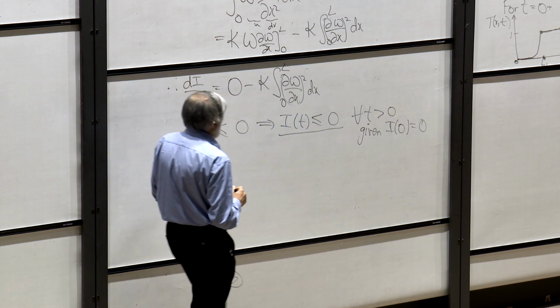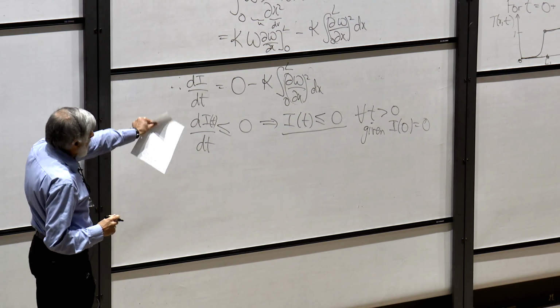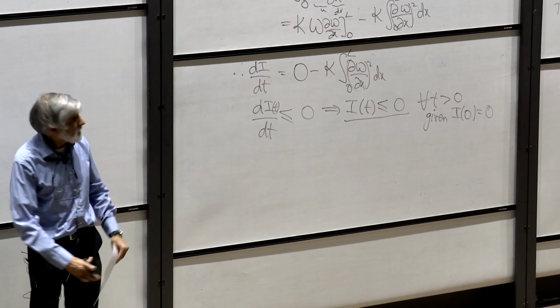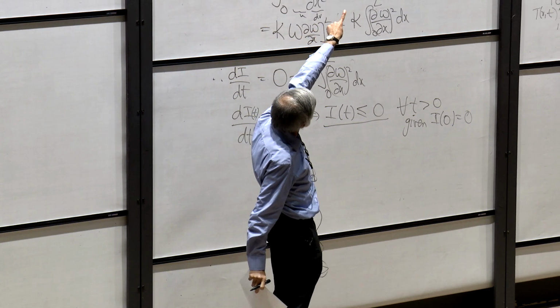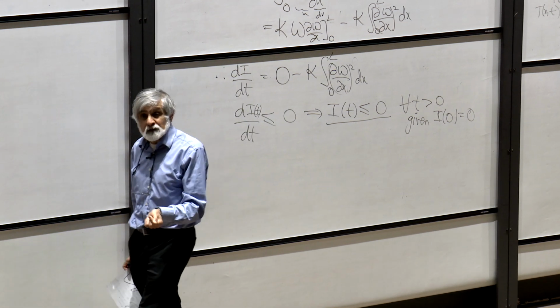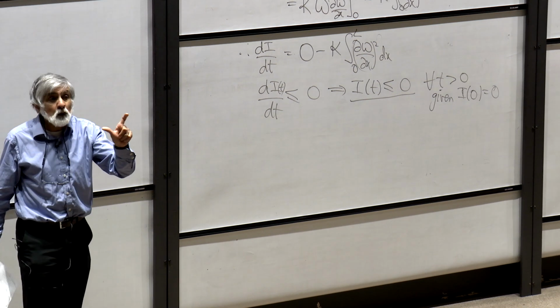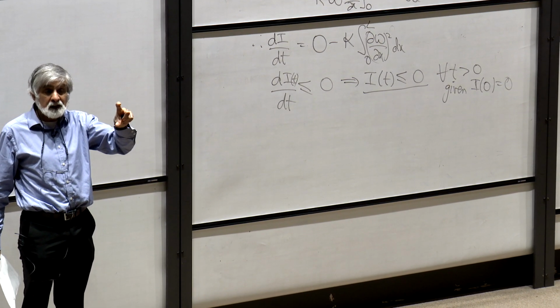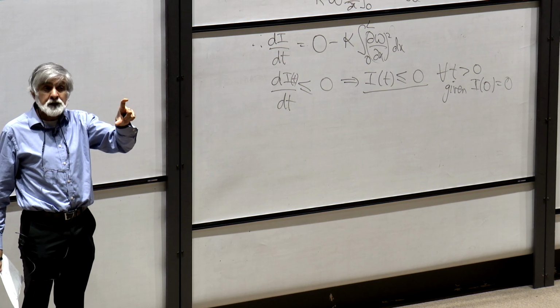So what we've shown is I of t must be less than or equal to 0 for all t. What we know from up here is that I of t must be greater than or equal to 0 for all t. So the only way those two conditions can hold together is if I of t is equal to 0.